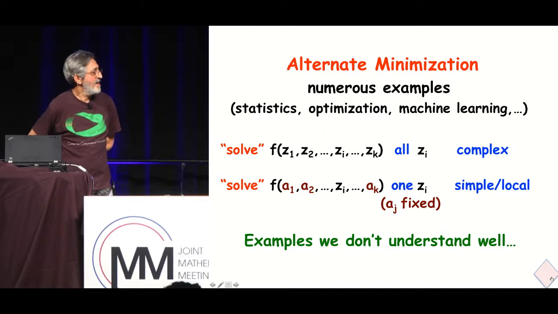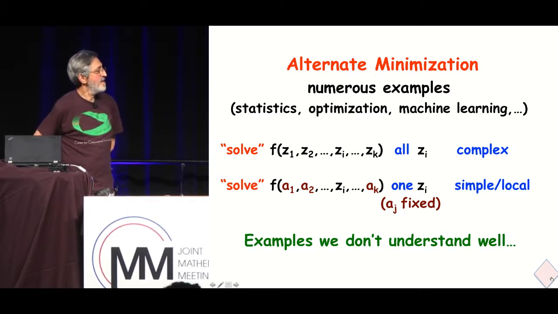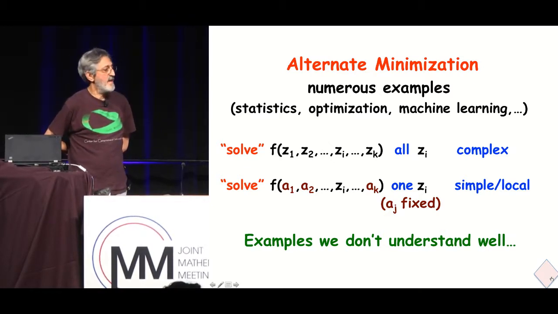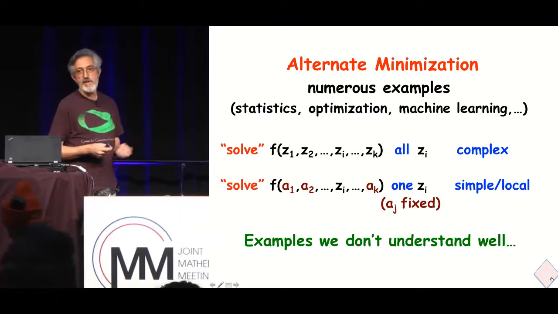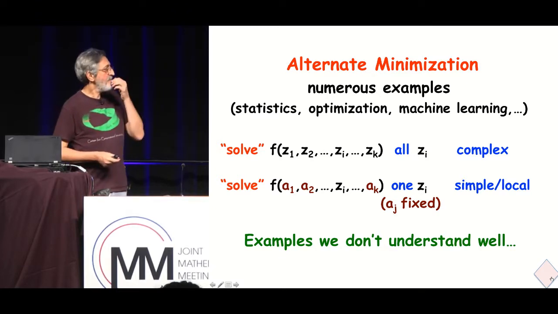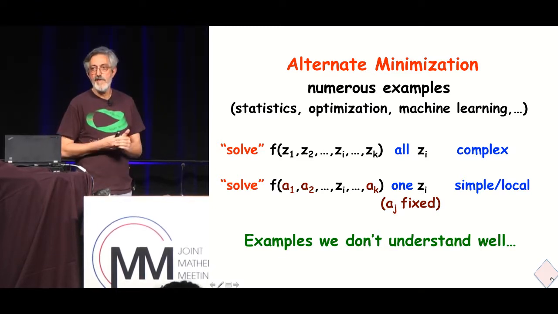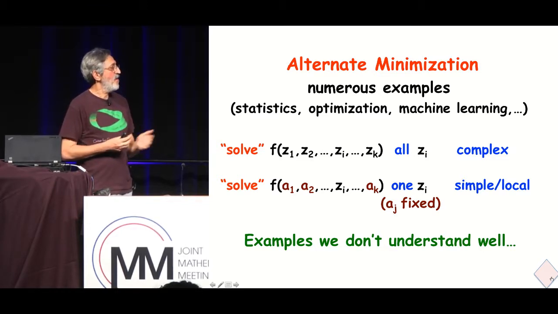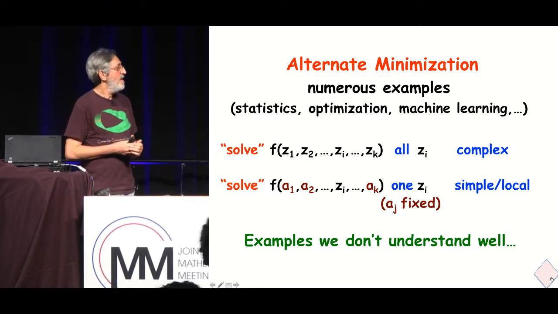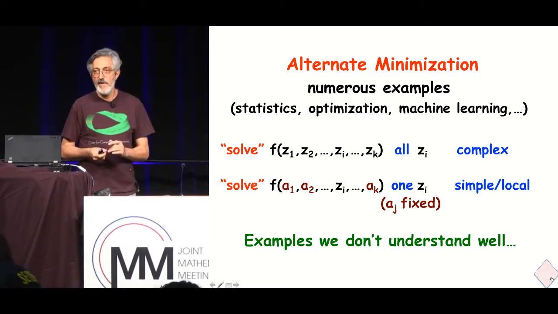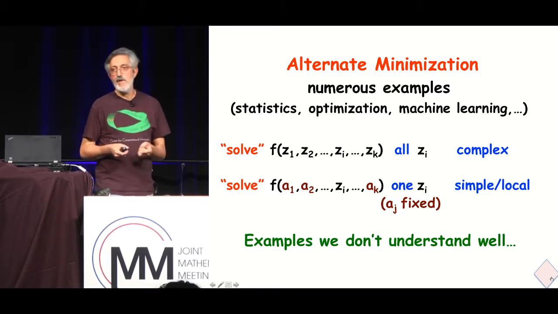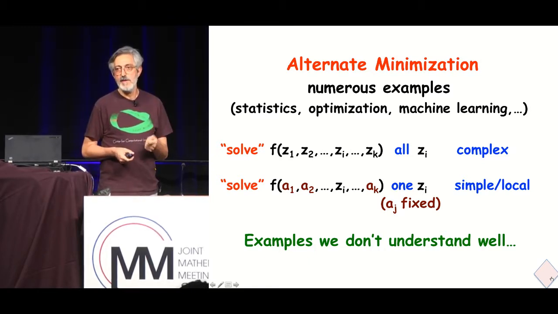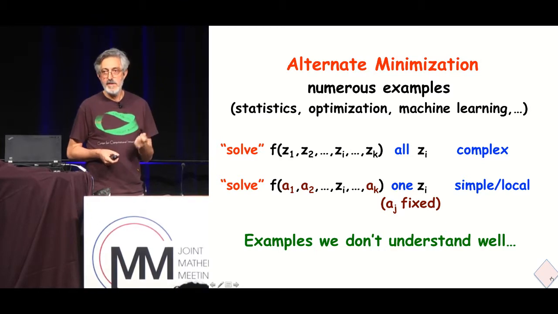So let me recap the idea of alternate minimization that we just saw in action several times. You are trying to optimize or do something with a multivariate function, and trying to find, let's say, the minimum of this function simultaneously over all variables seems difficult, but somehow, if you fix all values but one, and you are trying to optimize just one variable, then it's simple.